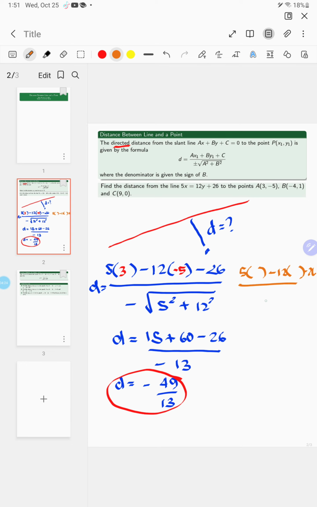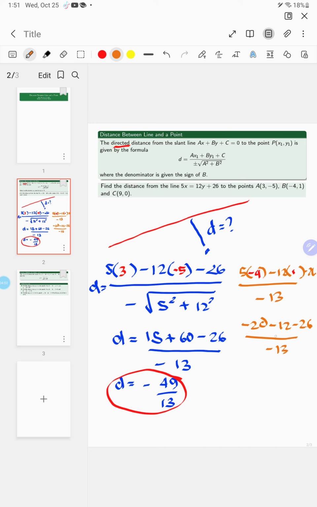So we just have to plug in the values as shown. So do the math. I'm going to have negative 20, minus 12 minus 26 all over negative 13. It's quite obvious the answer here will be positive because I'll have negative over negative. So that is negative 58.